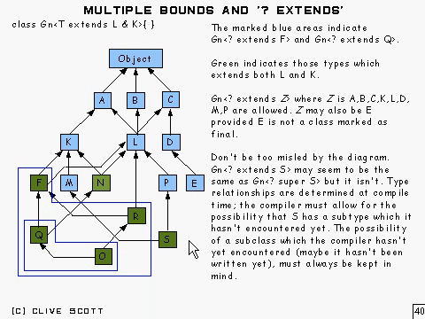Typing relationships like this are all determined at compile time, and the compiler has to allow the possibility that S may have some subtypes which it hasn't yet encountered.